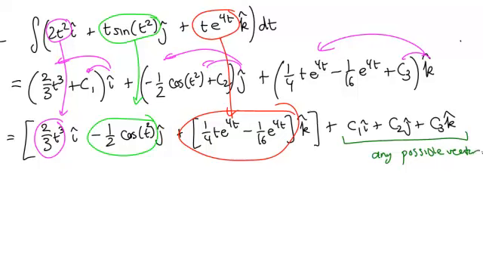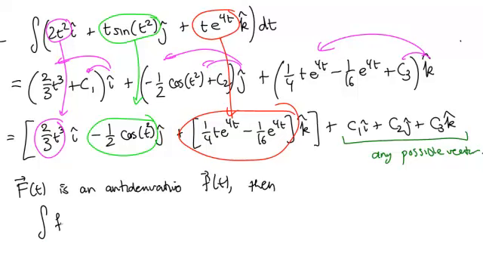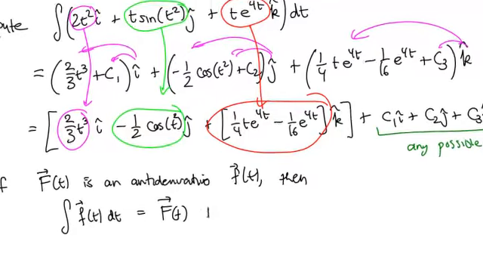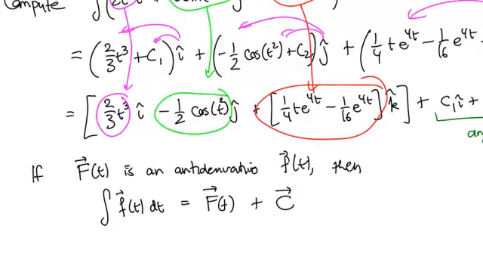Said slightly differently, we've just shown the following basic fact. If capital F of t is an antiderivative of a little vector-valued function f of t, then the indefinite integral of little f of t dt is going to be that antiderivative plus a vector constant.